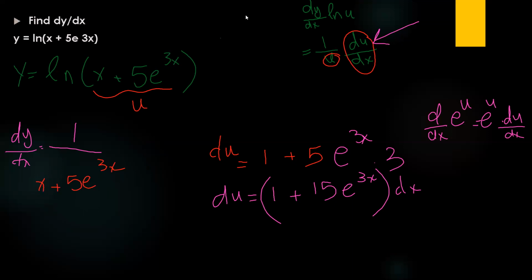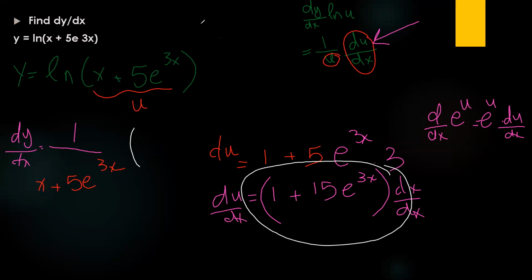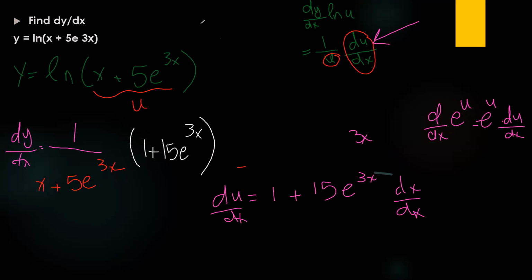Where is du over dx? If we divide both sides by dx, we get that du over dx is 1 plus 15e to the power 3x. So this will be the derivative.